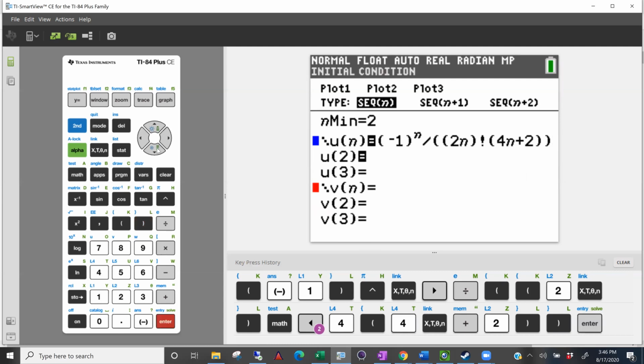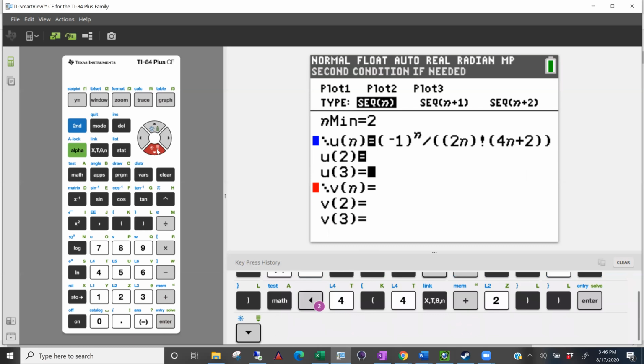And I'm also going to enter v sub n. I'm also going to enter another one just to help you out a little bit so we can see things a little bit better. Because what this is going to do is give me a decimal value. I'm just going to see how small this is getting, and it's going to help me figure out how many terms I can ditch, or what term I can start ditching the rest of the series.